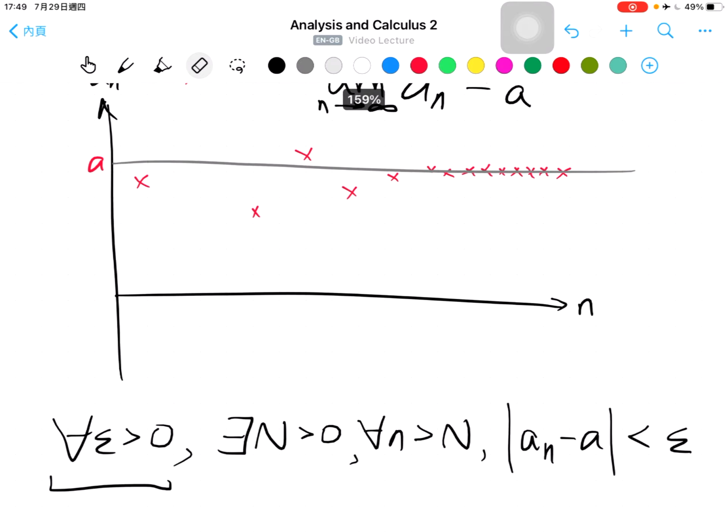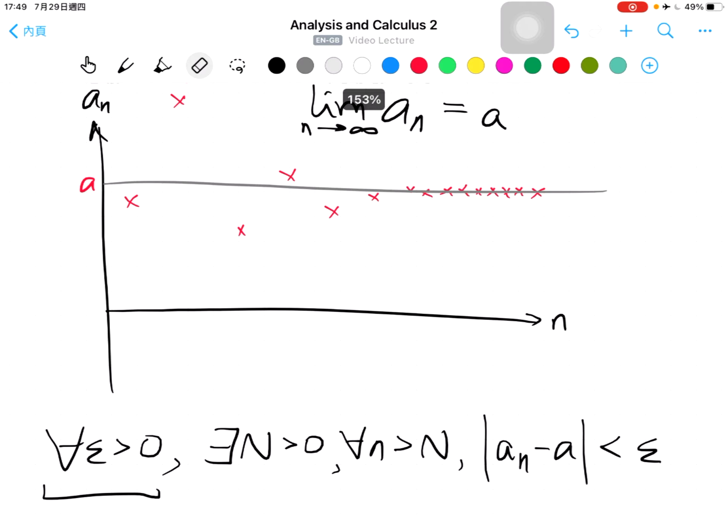Now, no matter what deviation, what error you give me, I can always find some finite number such that if I dump the first n terms, the first finite number of terms, the rest of the sequence is always going to have a distance from a less than the deviation you give.